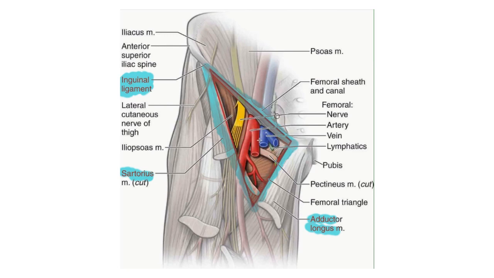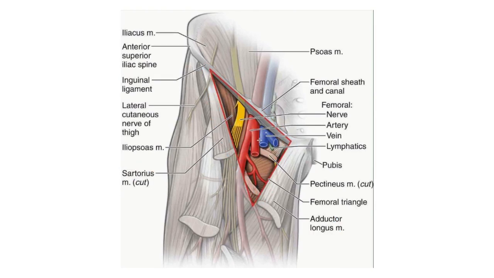So these are the boundaries of the femoral triangle. And as you can see, these boundaries will meet together and form an apex of this triangle, which is actually being formed by the medial side of the sartorius muscle and the lateral side of the adductor longus muscle, which will form the apex.